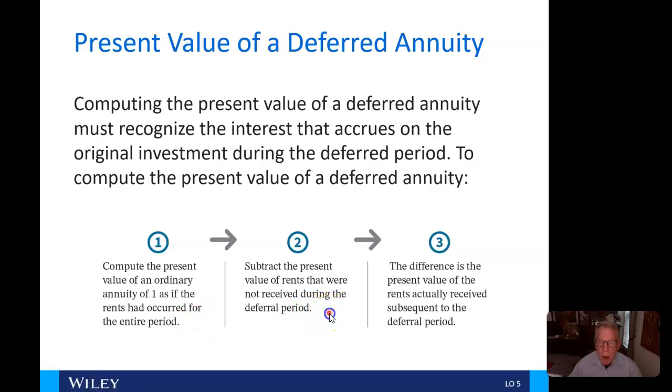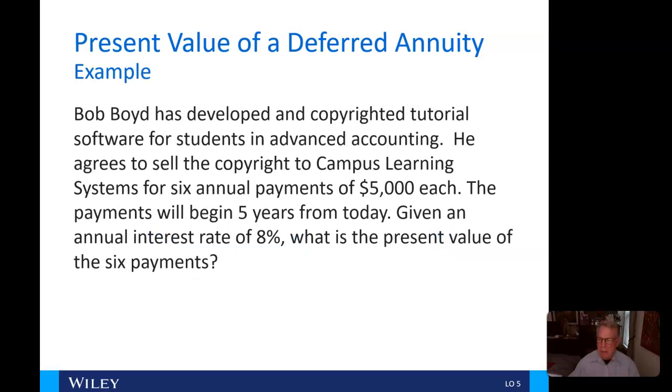Then we're going to subtract the present value of the rents that were not received during the deferral period. And the difference is the present value of the rents actually received subsequent to the deferral period. Okay, if you follow all that, let's look at an example.